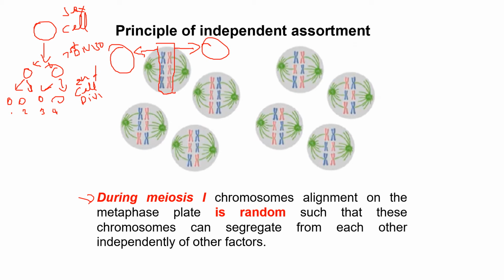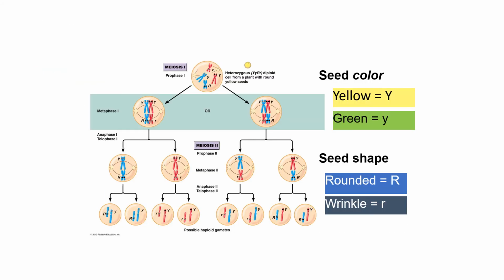It's not that a specific chromosome with the dominant allele goes here and the recessive goes here. No, you can find one dominant gene go here and the other gene, the recessive, and the dominant can go here, or the two dominants can go here. So it's more a random process.